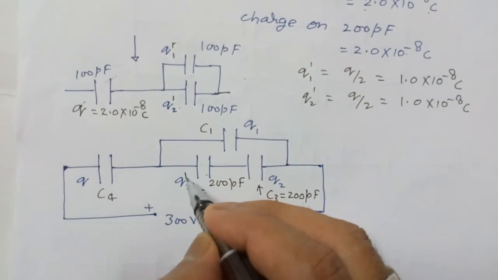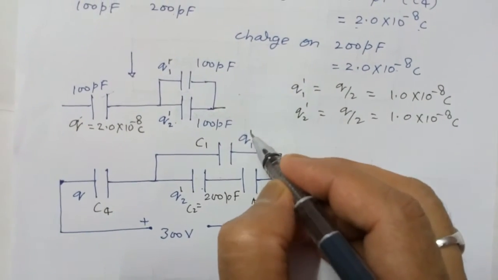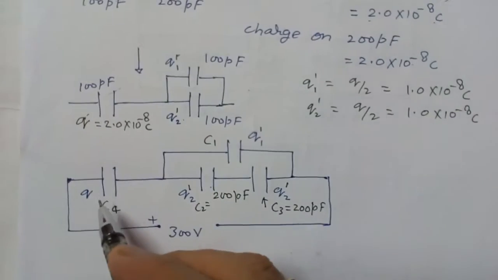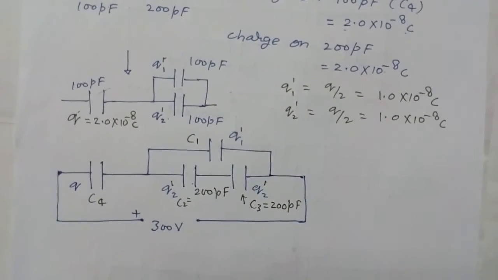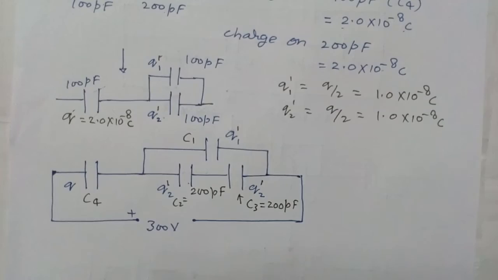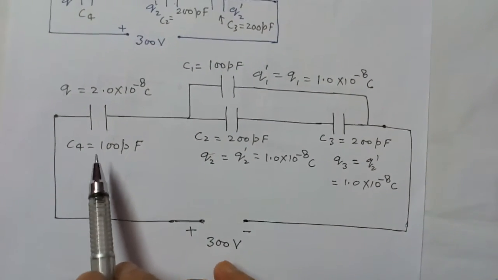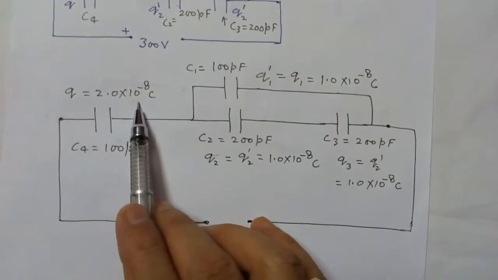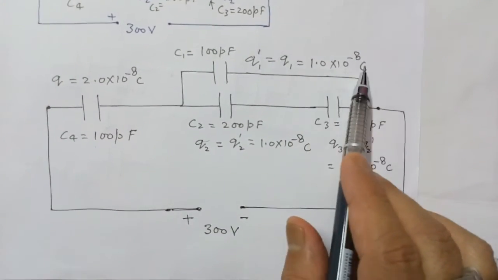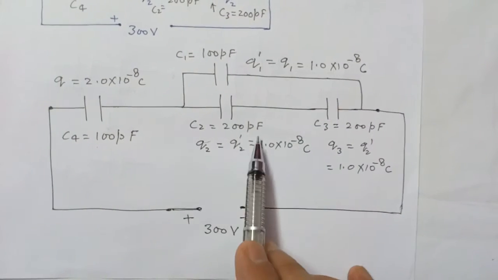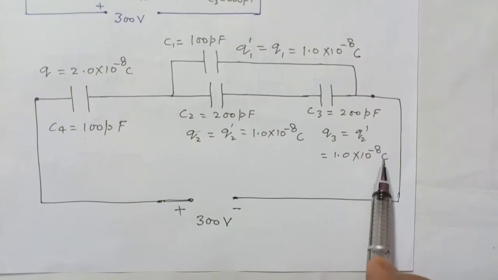So this is Q2 dash on this and Q2 dash on this, Q1 dash on this 100 picofarad and Q on this. So this is the charge distribution, meaning the charge on each capacitor. On C4 it is 2 into 10 power minus 8 C, on C1 1.0 into 10 power minus 8 C, on C2 1.0 into 10 power minus 8 C, and on C3 1.0 into 10 power minus 8 C.